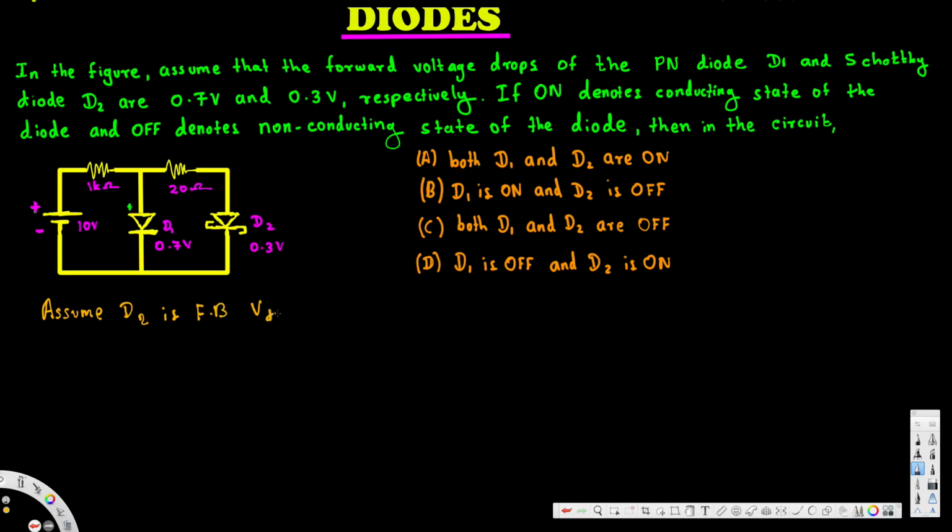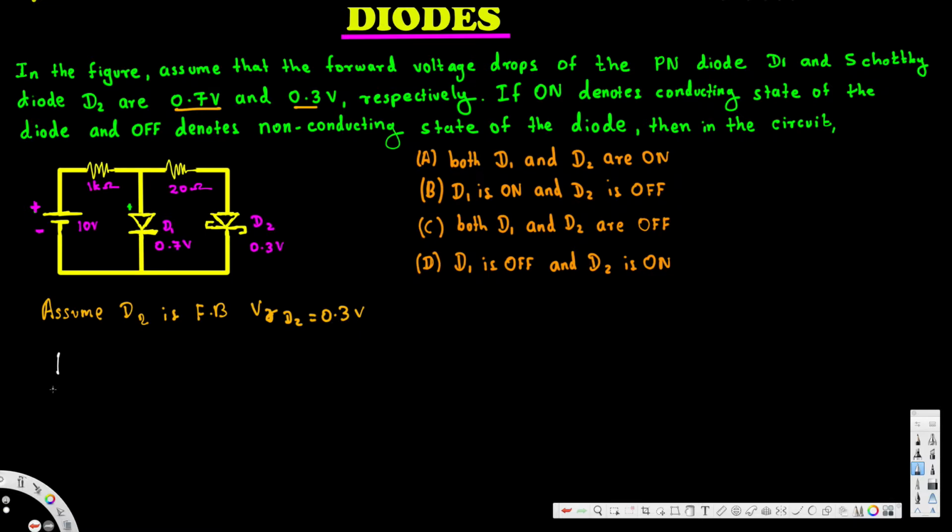So we have to replace this diode D2 with a voltage drop. We are going to replace that one with a 0.3 volt drop, since the cut-in voltage is 0.3 volts. It's given in the question, right? Okay, now after we replace that one, let's see the new circuit.